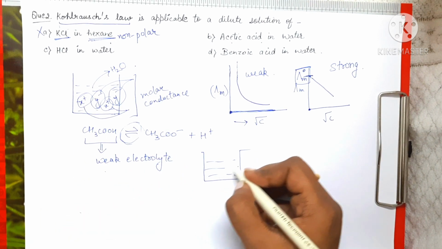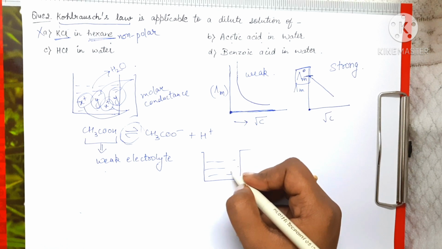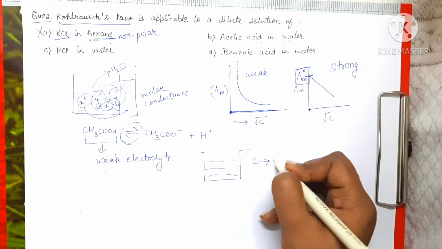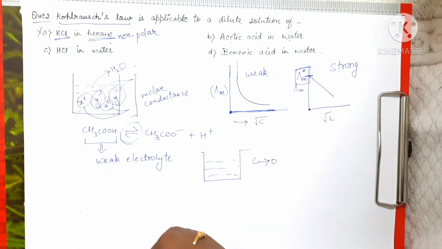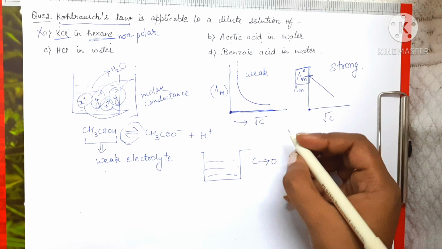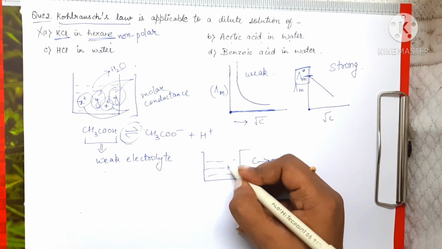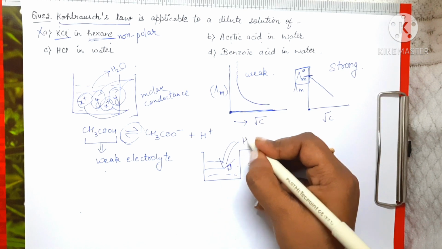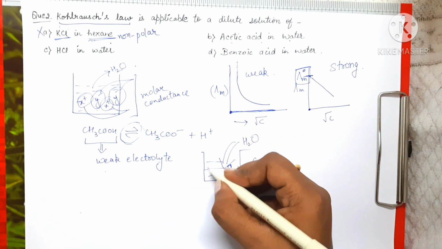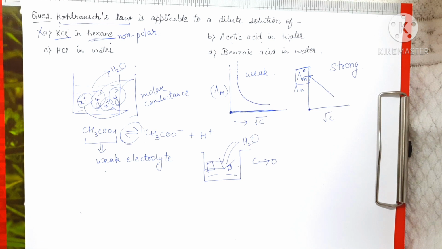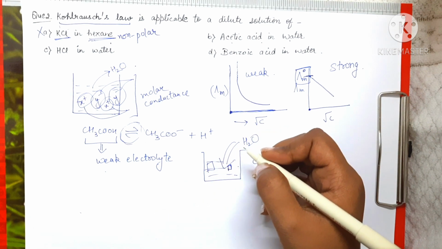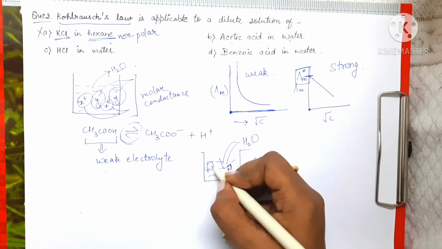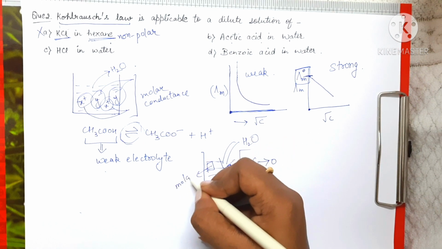Suppose I take the concentration nearly equal to 0. That means at infinite dilution, we have a little amount of acetic acid and we have added a lot of water to it. Then a unit volume will not have enough of the ions which contribute towards the molar conductance.